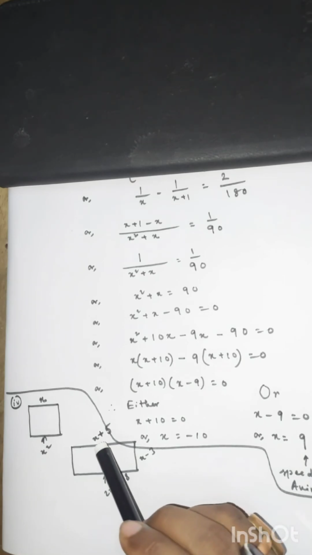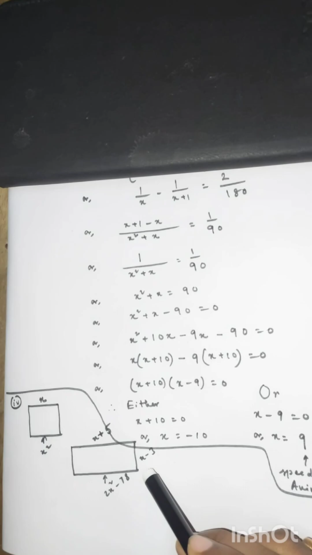So it is x plus 5. Similarly, the breadth is x minus 3.